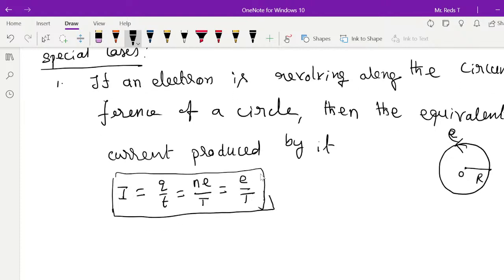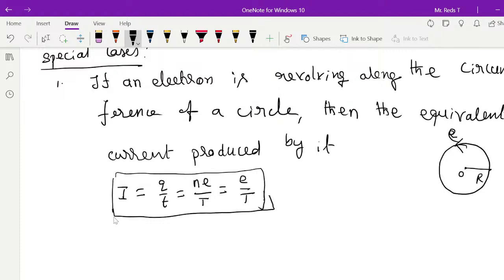Right? And related to this kind of application, if N1 electrons are flowing in a circular path in clockwise direction, and N2 protons are flowing in the same circular path in clockwise direction, N1 electrons flowing in anti-clockwise direction, N2 protons flowing in anti-clockwise direction, then the equivalent current is given by.